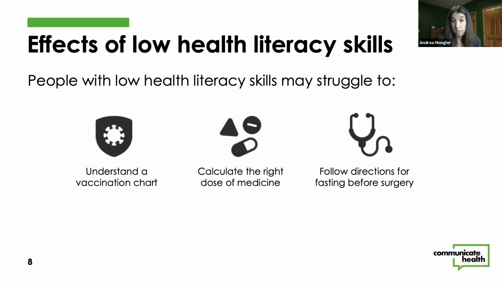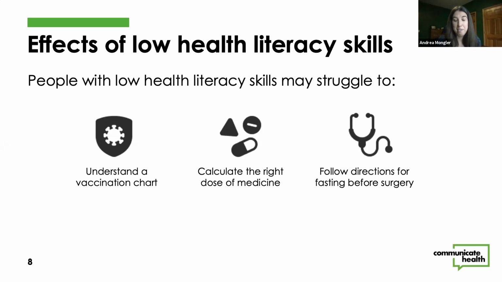These particular examples are really relevant to today's workshop because they involve numbers or they could be accompanied by some sort of visual aid to make them easier to understand. I'd say a vaccination chart itself could be considered a visual. So how well you present that could really help people understand or not understand the information.